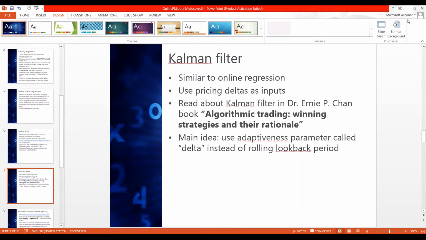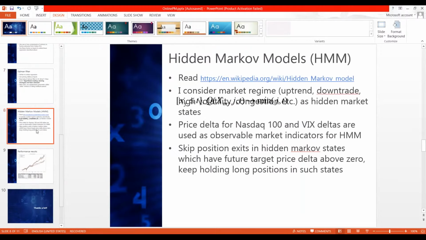And another model which I use, I will tell you about. It's hidden Markov models. The model is based on a Markov process. Markov chains assume that there is another process, Y, with observable variables, stock prices for example, which depends on the current Markov process with hidden states, so-called market regimes.